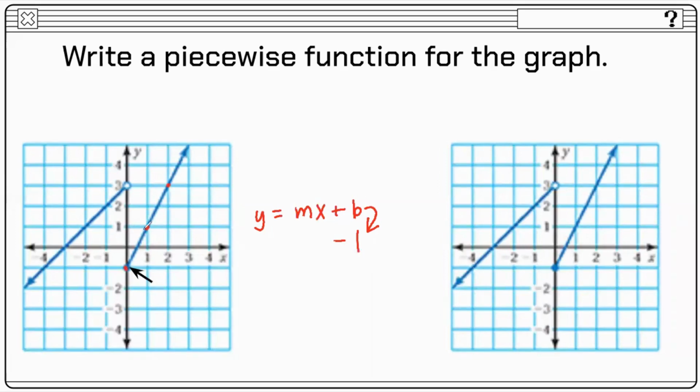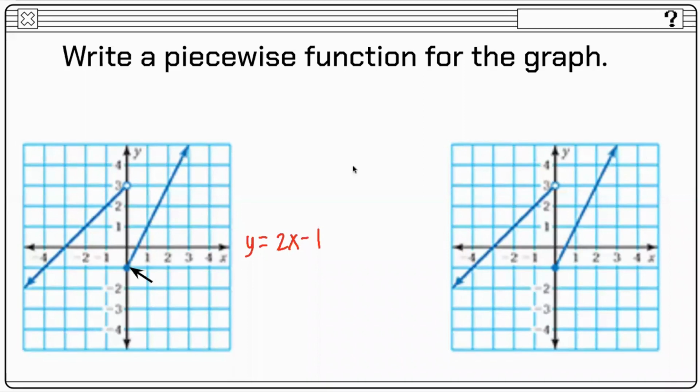From between these solid points, you can count the rise over run. You're rising 2 units, running 1 unit to the right, rising 2 units, and running 1 unit to the right, so you know that your slope is 2 over 1, or just 2. So your final linear equation would be y equals 2x minus 1.